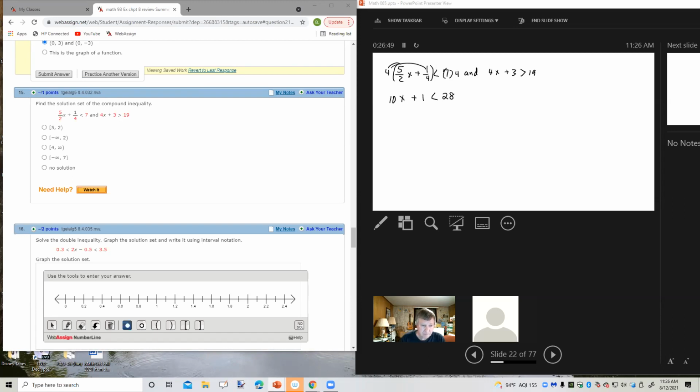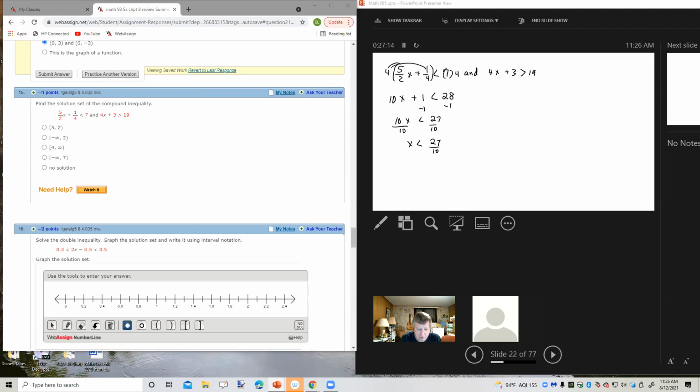Okay. Now, subtract 1 from both sides. 10x less than 27. Okay. Divide both sides by 10. X is less than 27/10. Let me double check that. That should be 10, 1, 28.